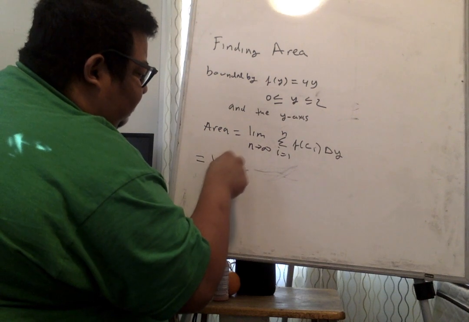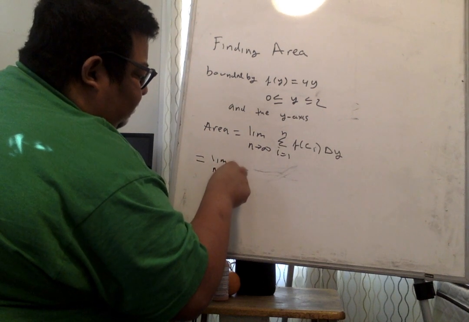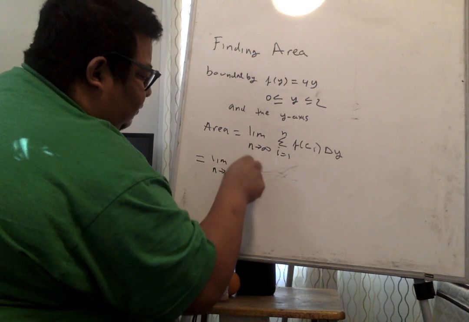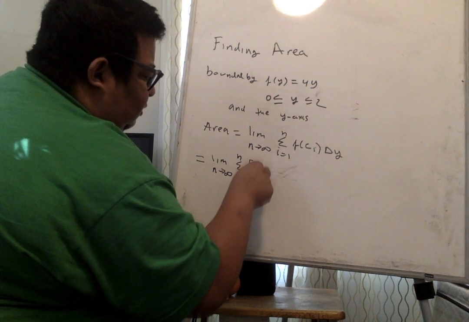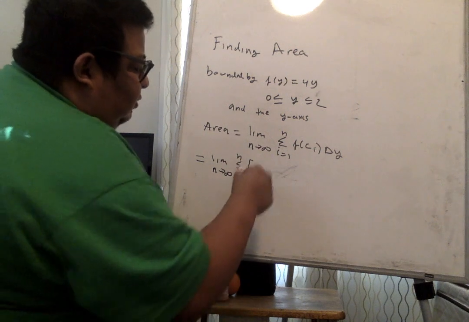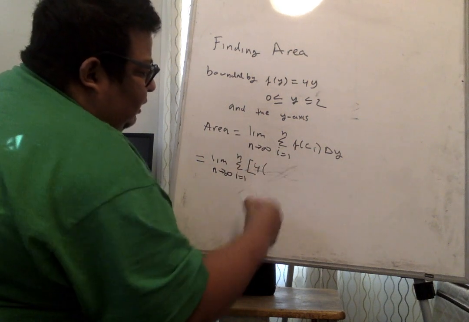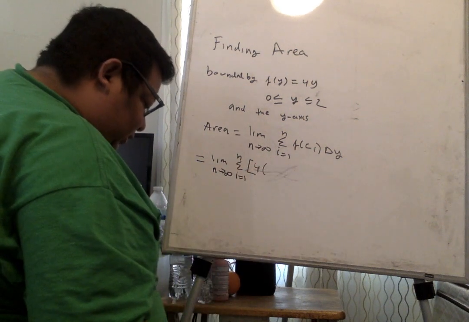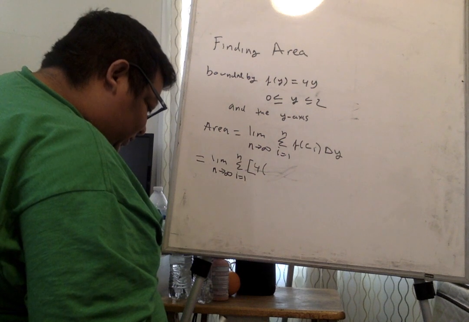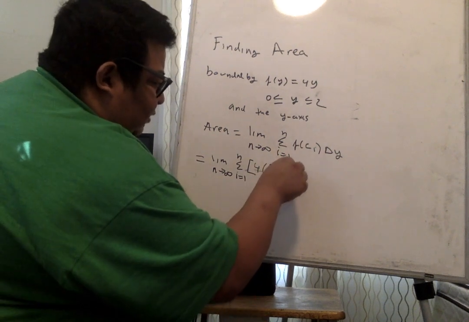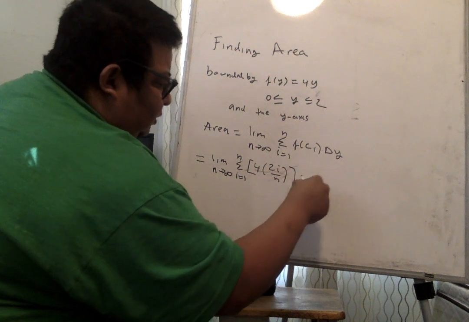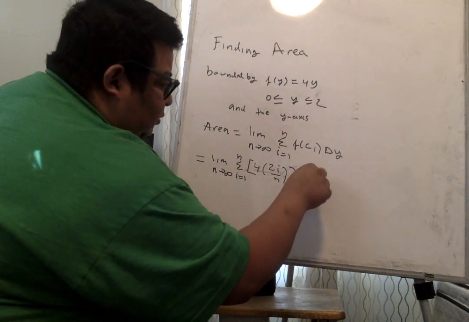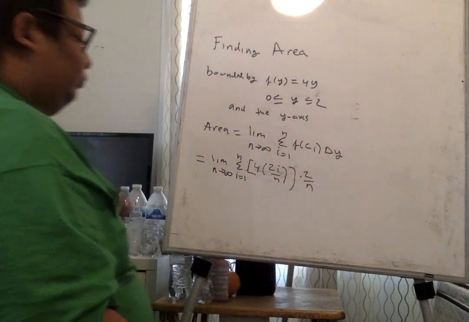So we have the limit as n approaches infinity of the sum i equals 1 to n, and then your function is going to equal 4 times your ci, which became 2i over n, and that will be multiplied times delta y, which is 2 over n.